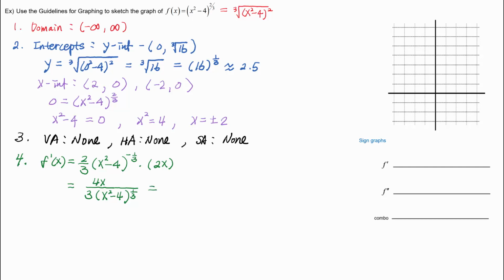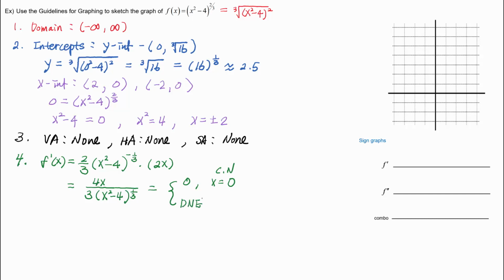And my f prime is 0 if the numerator is 0. And the numerator is 0 if x is 0. If x is 0, my numerator is 0, but my denominator is not 0. So therefore 0 is a critical number. When does my f prime not exist?